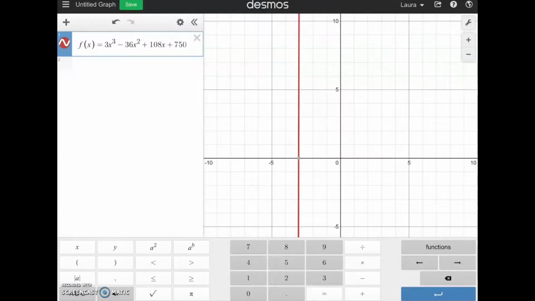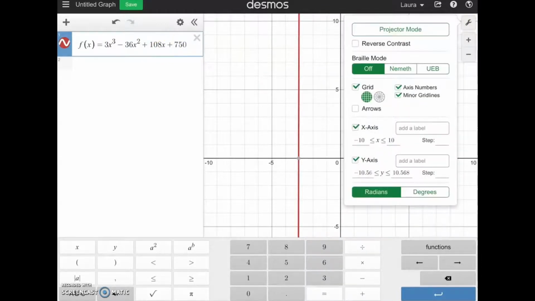When I input that, I can already see that I'm not getting a really good window on my function, and that's because I'm going from negative 10 to 10 on my inputs and from negative 10 to 10 on my outputs. Well, I already know that the duck population is going to be a lot larger than that. So I'm going to go up here to my tools icon and change my range.